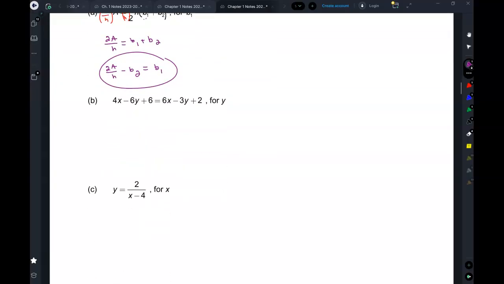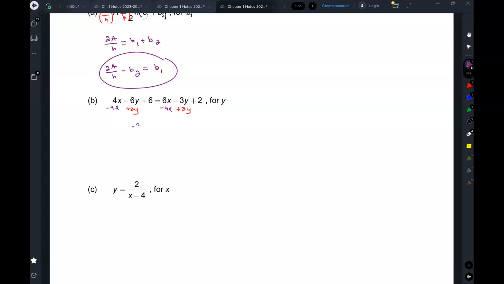Okay, next. Here, we need to solve this for y. So, let's see what we can do. I'm going to subtract 4x. Now I want to bring all the y's to the left-hand side. So here I'm going to add 3y. So let's see what we have now.